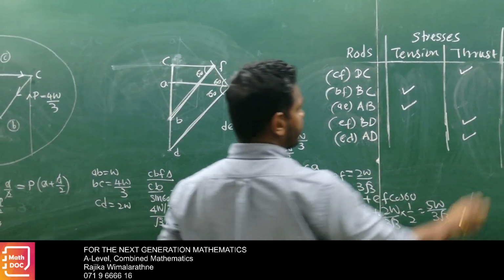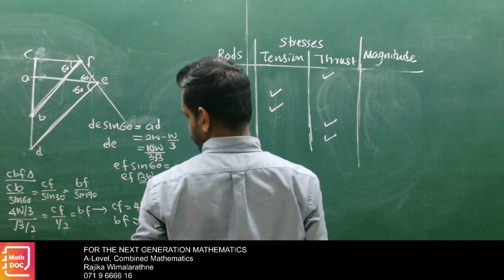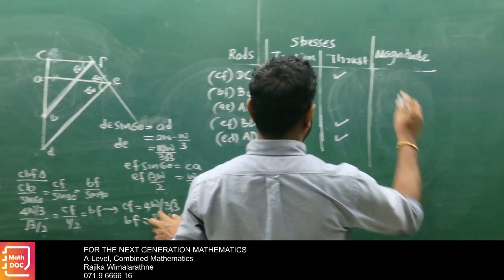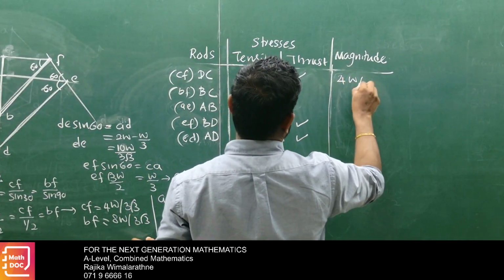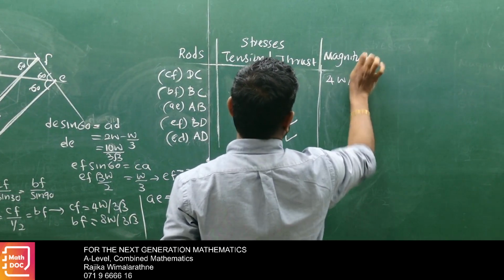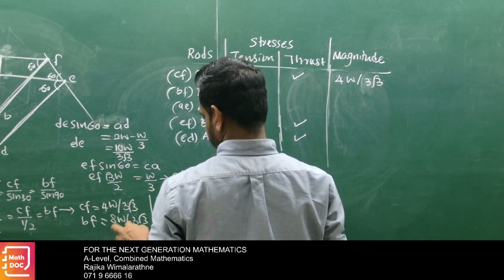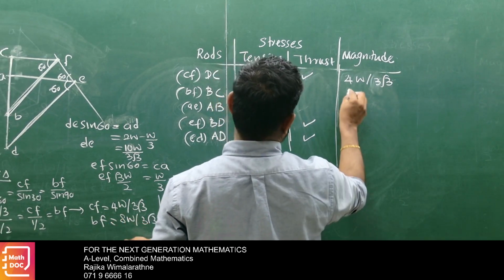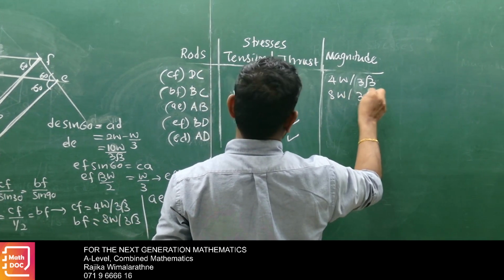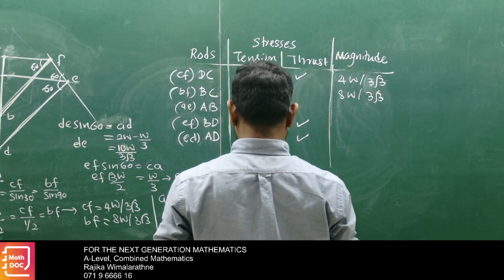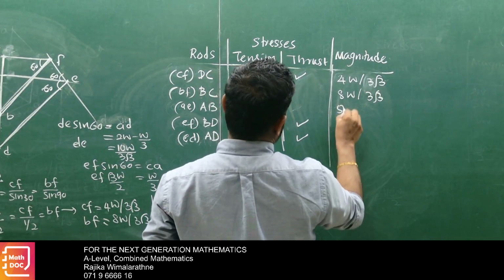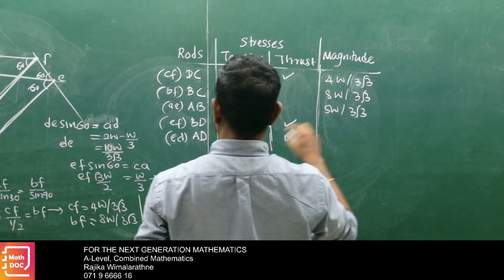Okay, now update the table. CF is 4W over 3√3. BF, 8W over 3√3. AE, 5W over 3√3.